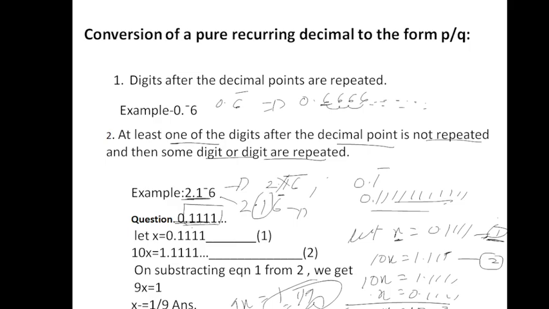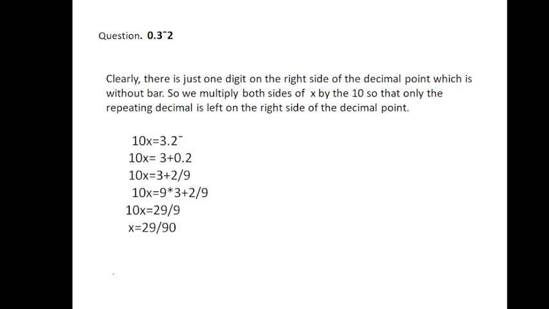So this is the fraction value of 0.1 bar. What is the fraction value of 0.1 bar? That is 1 by 9. Now we will move to another slide, and we have to discuss.